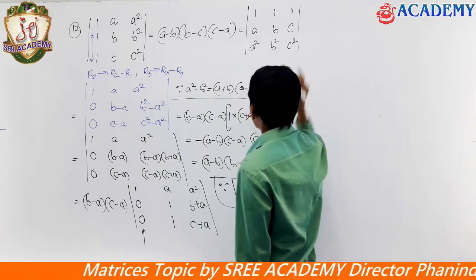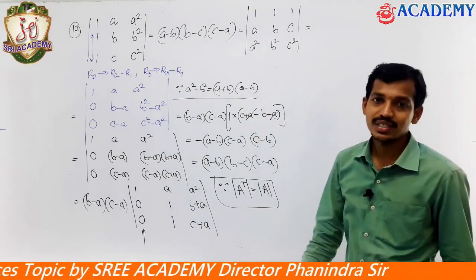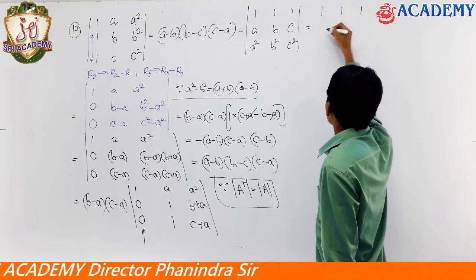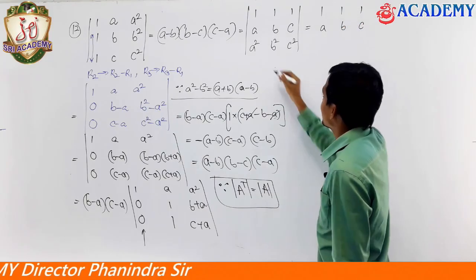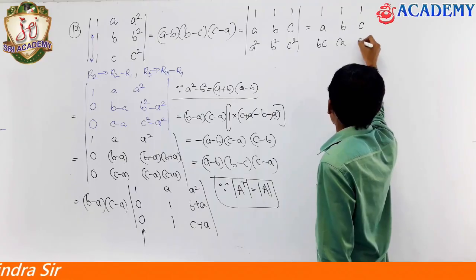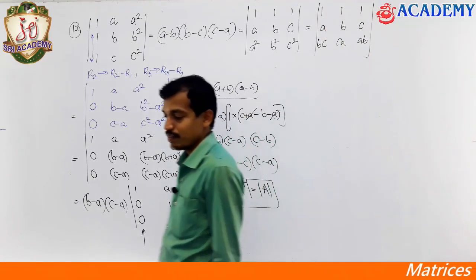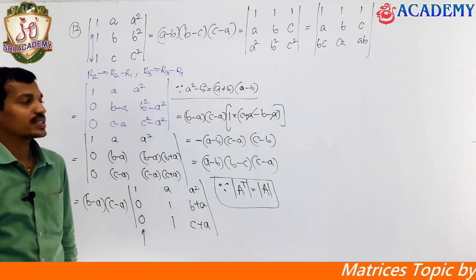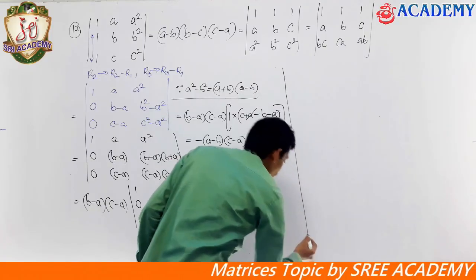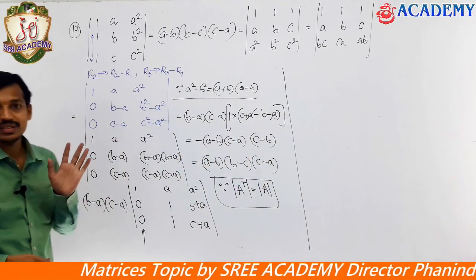This is also equal to this matrix, and one more we can write: a square b square c square, 1 1 1, a b c. Next, a square means bc ca ab. For this one also you are going to get the same answer: a minus b into b minus c into c minus a, by following the procedure we just discussed.